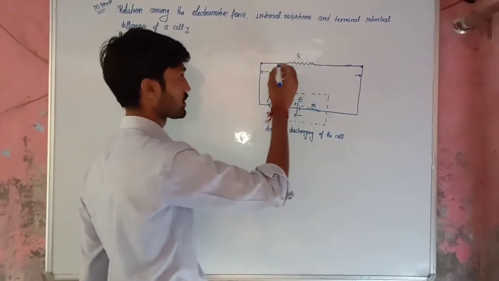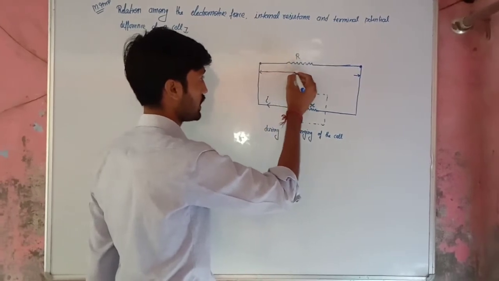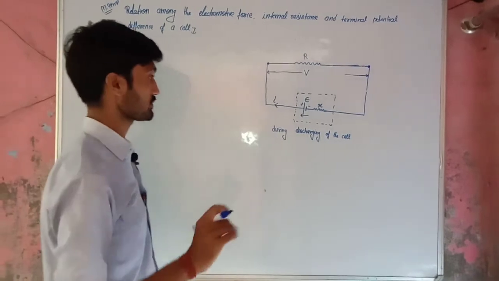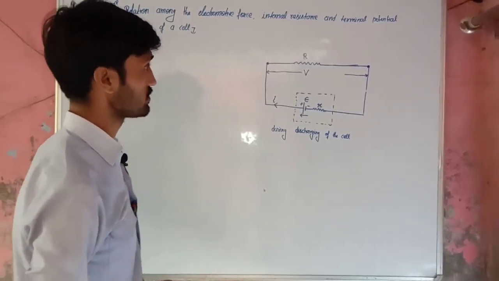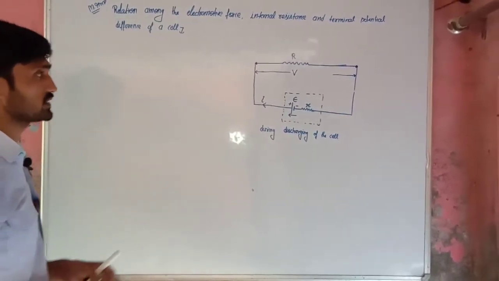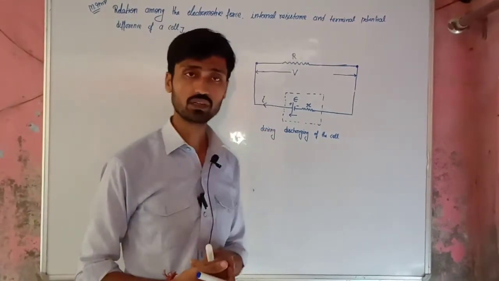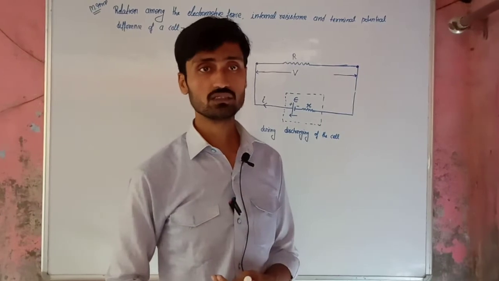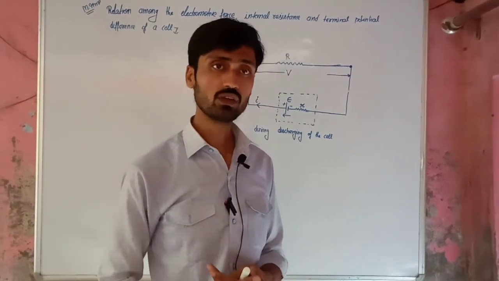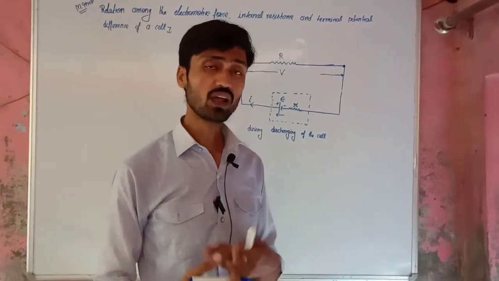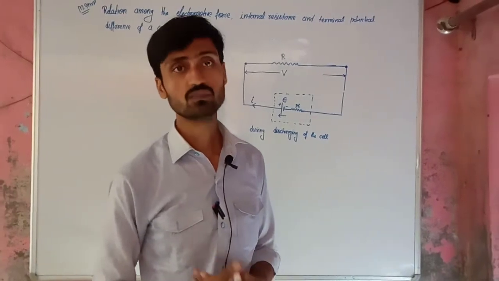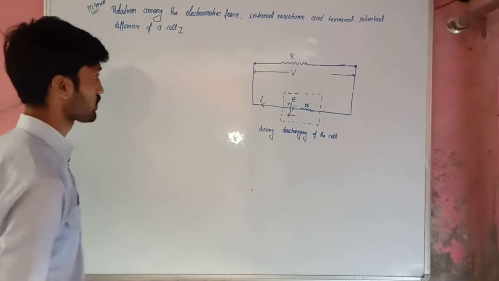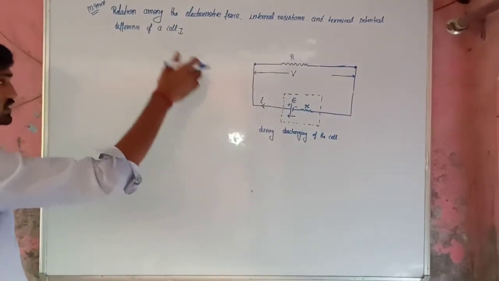Suppose the terminal potential difference across this external circuit is capital V, and you can connect a voltmeter here also. Now you know very well the definition of electromotive force is the net work done in bringing a unit positive charge around the overall circuit with the cell.